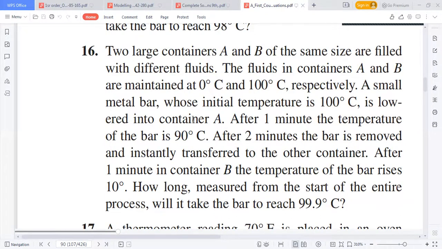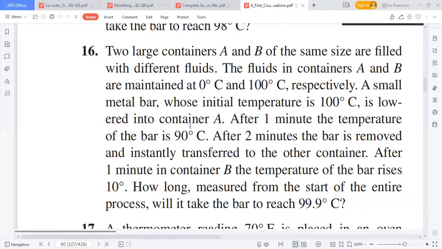Remember it. A small metal bar whose initial temperature is 100 degrees centigrade is lowered into container A. After 1 minute, the temperature of the bar is 90 degrees. That means cooling, because the temperature of A was 0 degree centigrade.